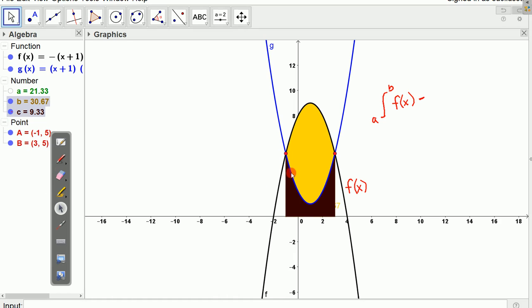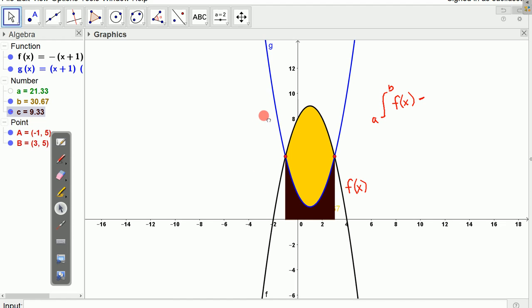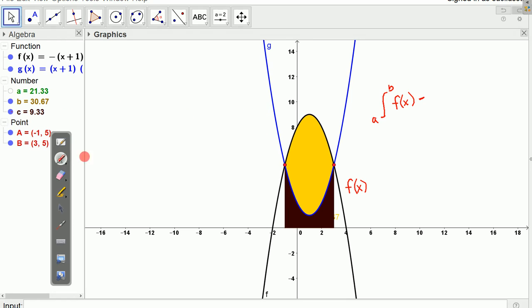Well, what is a mathematical function for that? That is the integral of the blue function. Let's call that g of x. So we're going to subtract off the integral again from your starting point to your ending point of g of x. That will give us the middle section.